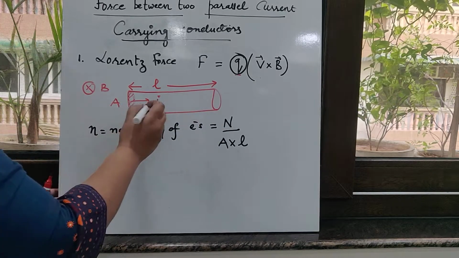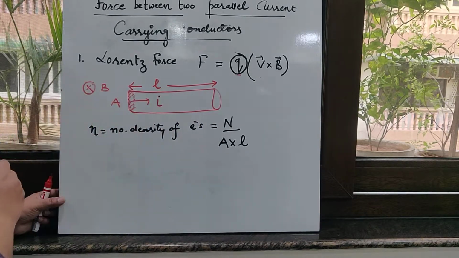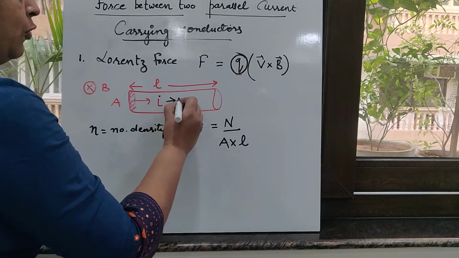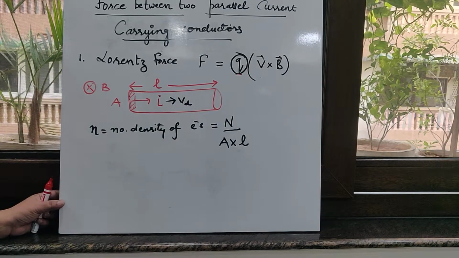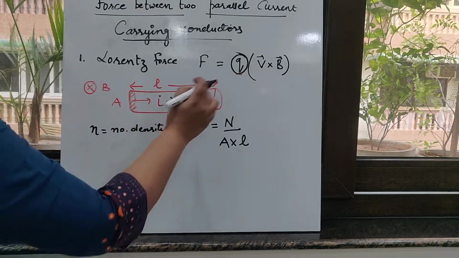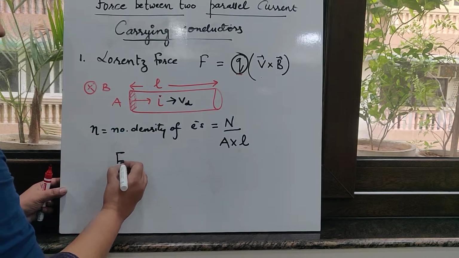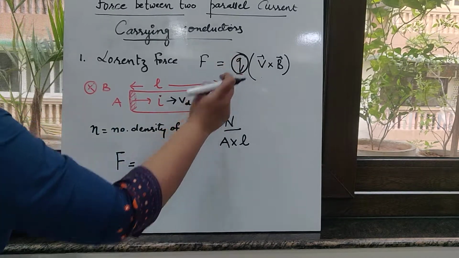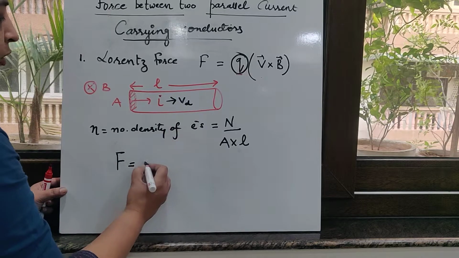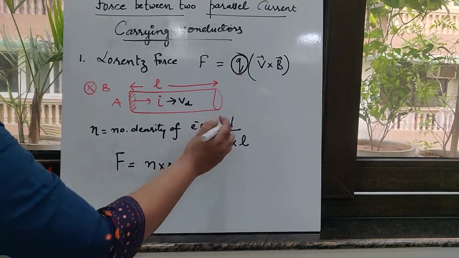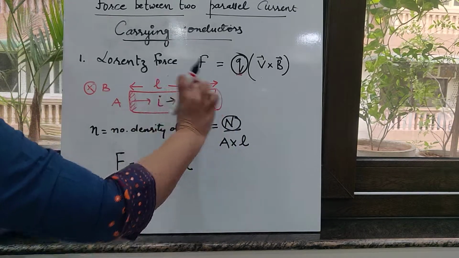Now when a current I flows through the conductor, then electrons are moving inside the conductor, and we also know that all the electrons move with a velocity Vd. So substituting all these values over here, we can write down force will be equal to the charge Q, which can be written as small n multiplied by A into L. This is the total number N of the charges that are moving.